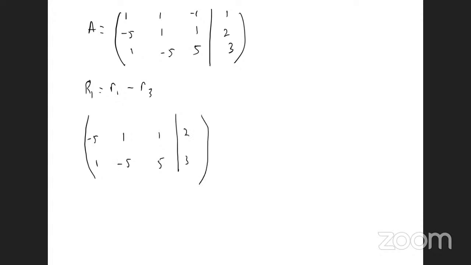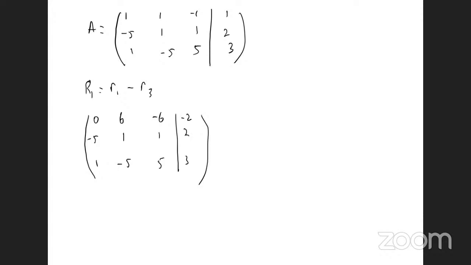So I should get back the same old values, right? 0, positive 6, negative 6, minus 1, minus 5, and then 1 minus 3 is minus 2.